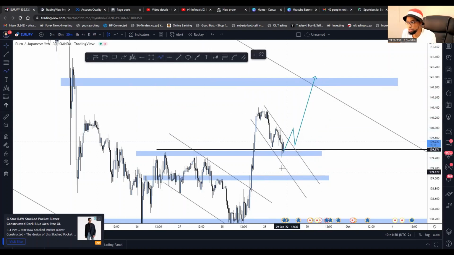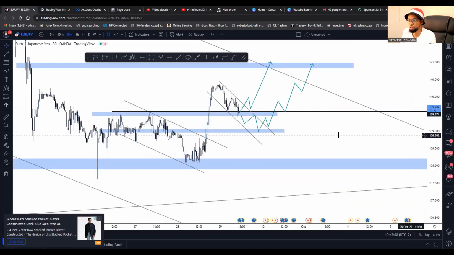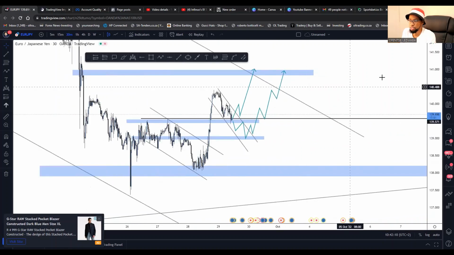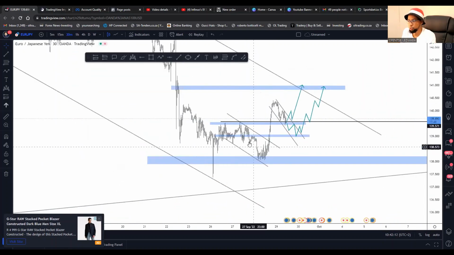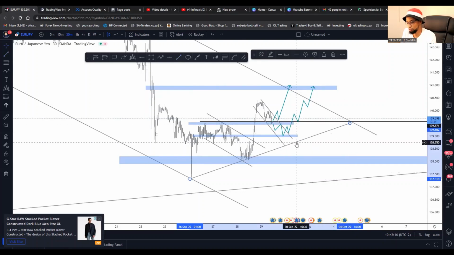To show you guys what I can do here, let's see, already we are having development of movement here.